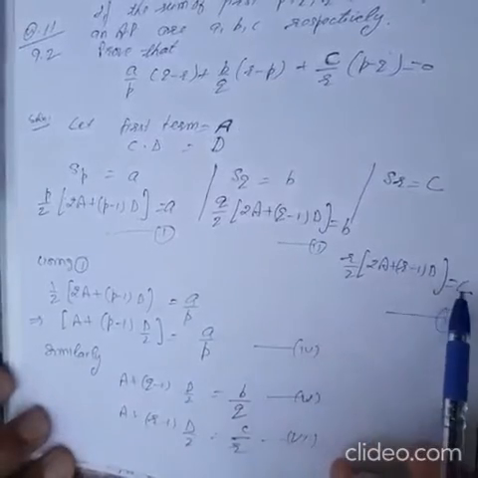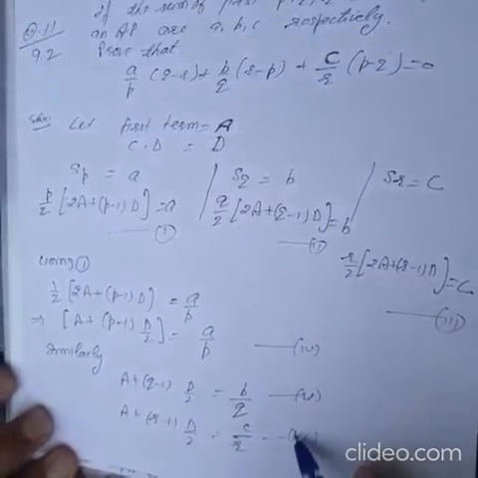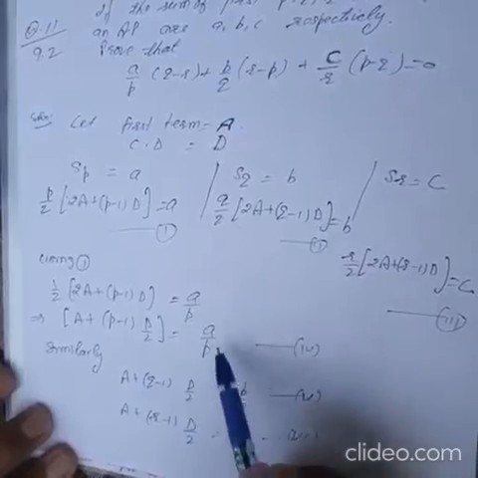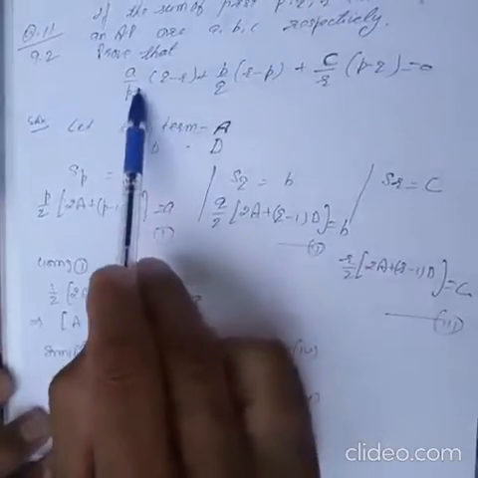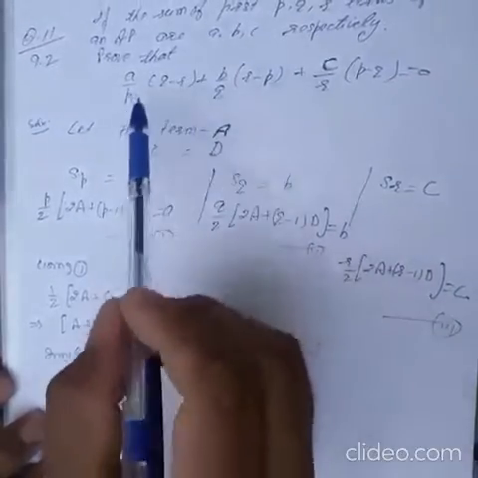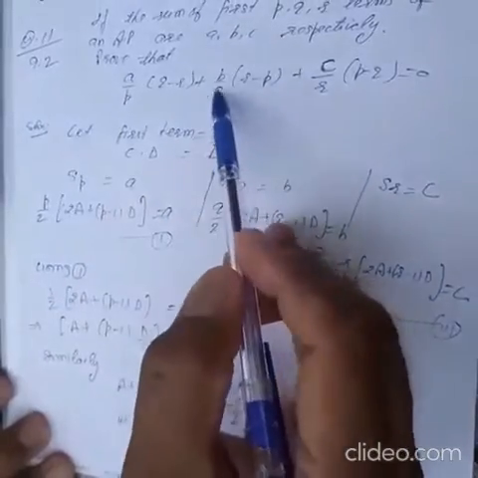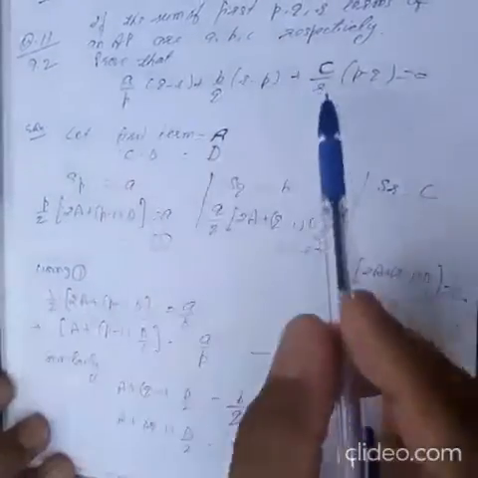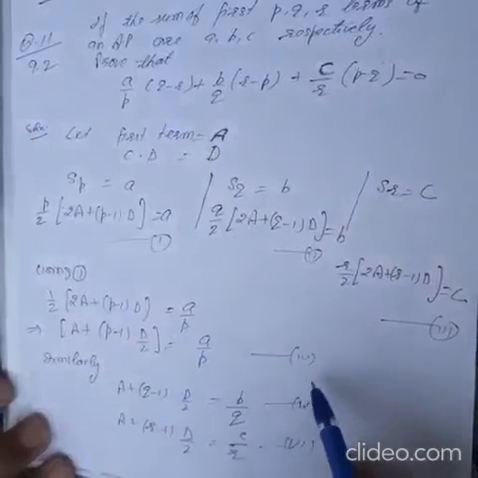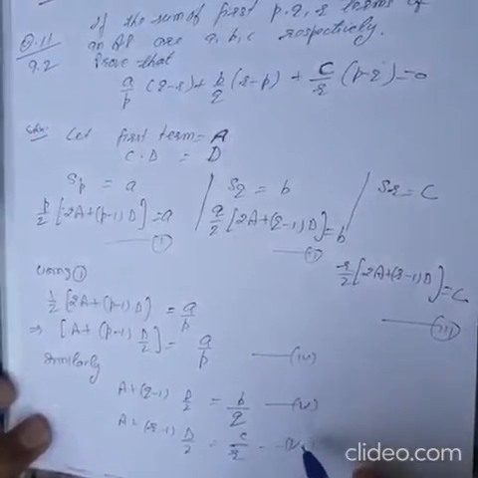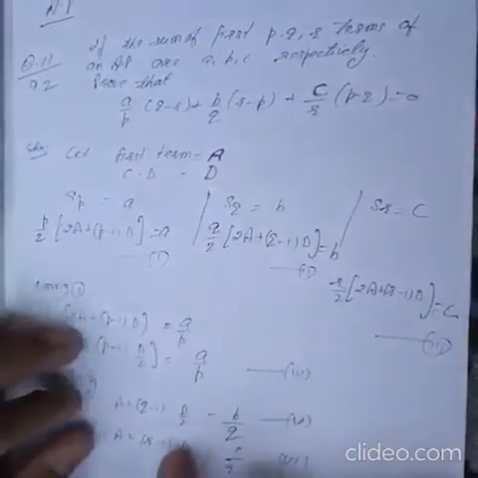From the third, you find the value of c upon r. We will put these values in the left hand side of what we have to prove: a upon p, b upon q, c upon r. Put the values from equations 4, 5 and 6 in the left hand side.